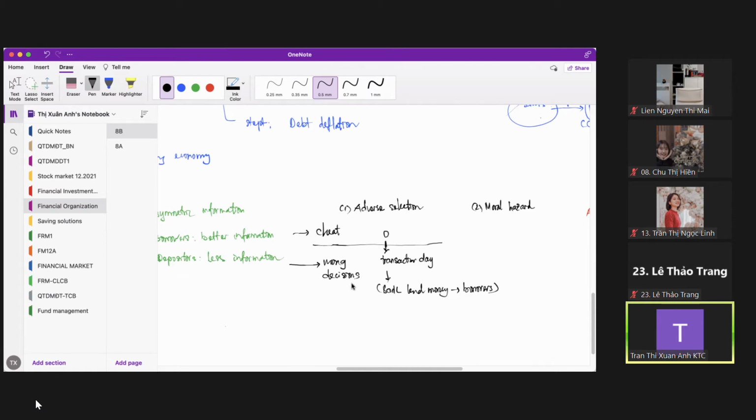So what does a wrong decision mean? If we assess the clients based on credit scoring, they are good borrowers, and maybe you charge just a very low interest rate.